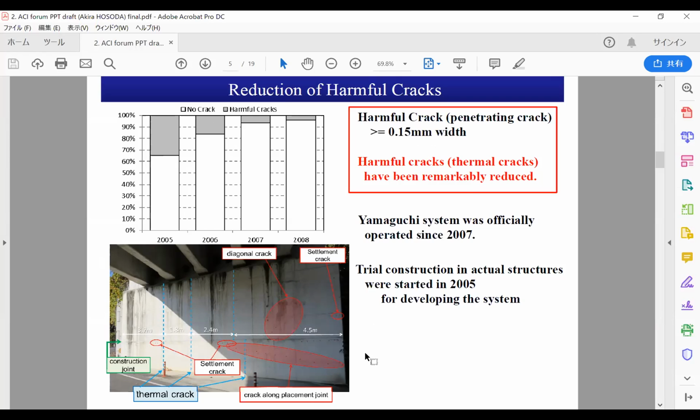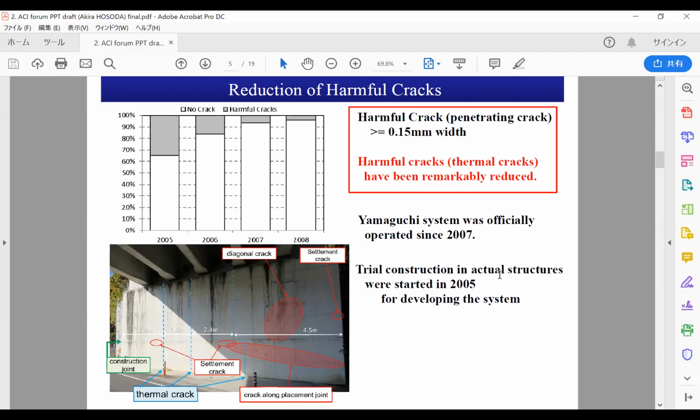So again, the Yamaguchi system was officially operated since 2007. Still now it's being improved. Maybe you will learn how they established this system. Actually, trial construction in actual structures. It's not trial, actual construction.